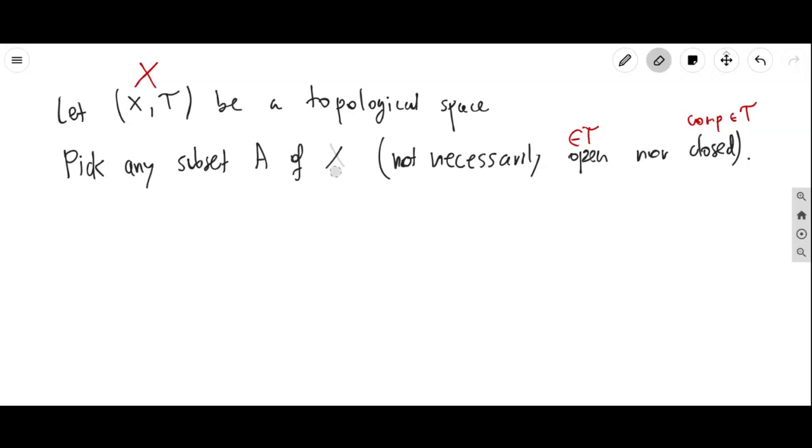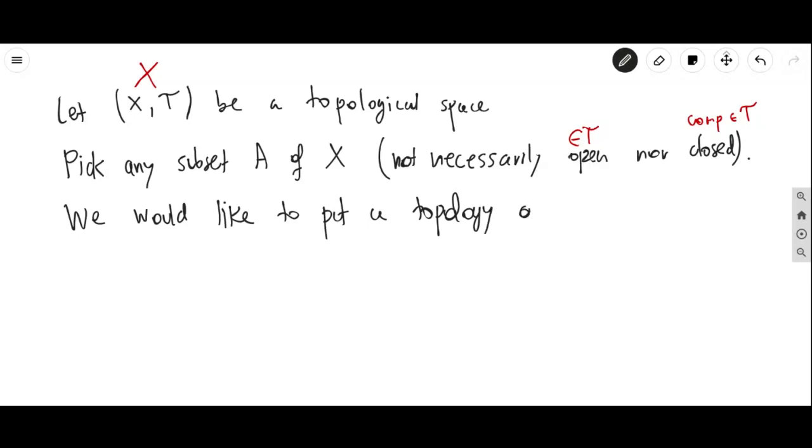So you pick any subset of X, and what we would like to do is put a topology on A. So at present, we have a topology on X, and maybe just to decorate it, we'll write over here T subscript X, to reinforce the fact that this is the topology on X. So this is a topology on X, and we would like to put a topology on A.